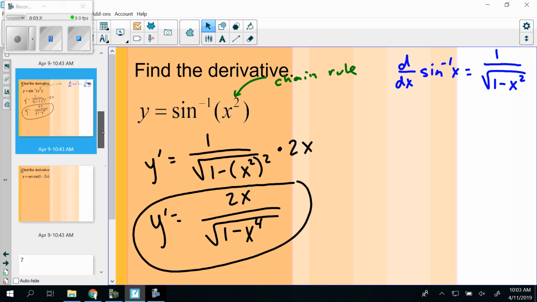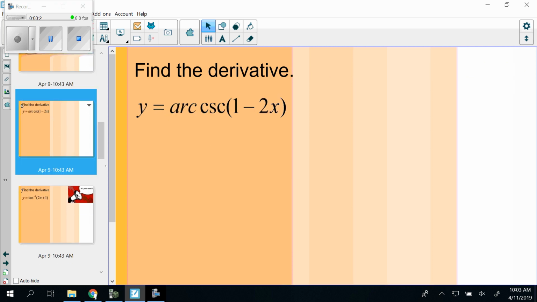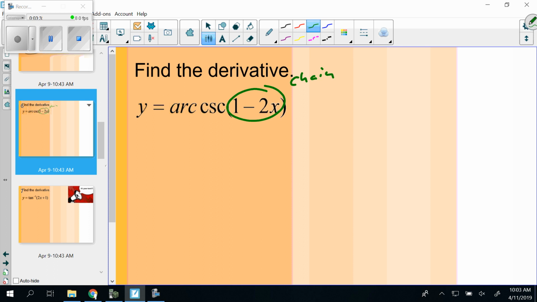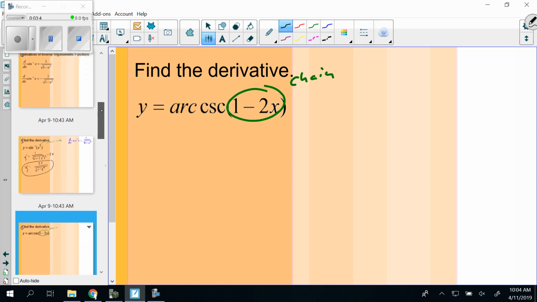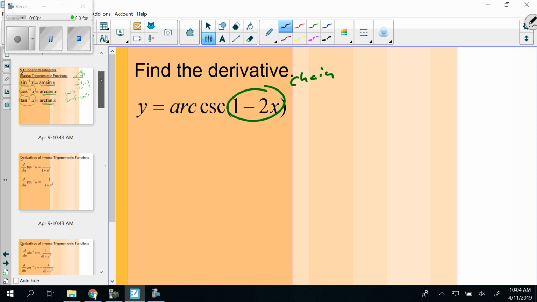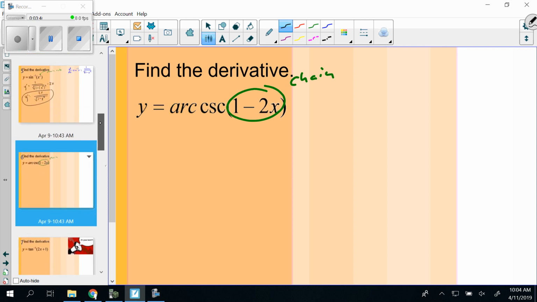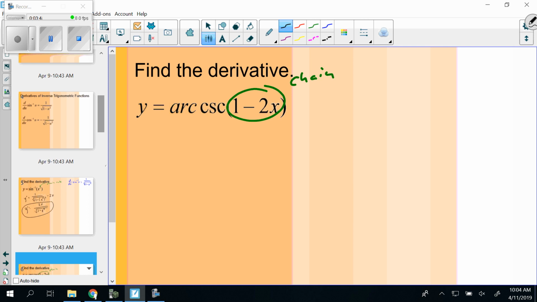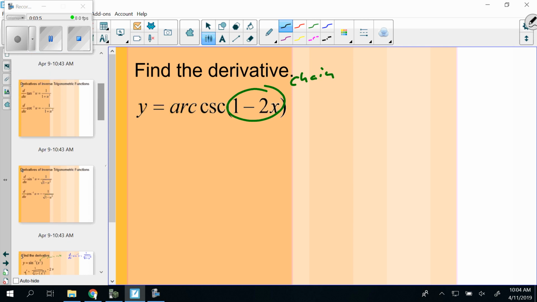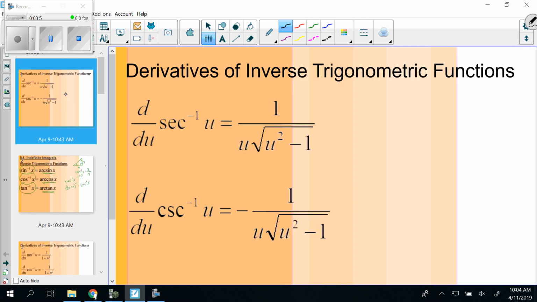Okay, next, let's try another derivative here. This one is arc cosecant. Again, looks like we're going to have to do chain rule here because we have an inside function. So if we look back at what the derivative of inverse cosecant is, we see that it is negative 1 over whatever we're taking the cosecant of times the square root of that squared minus 1.